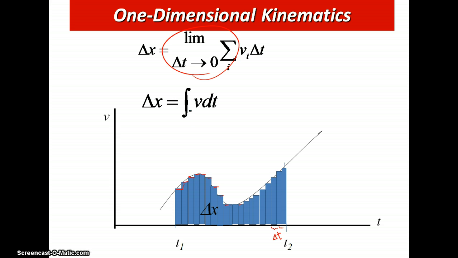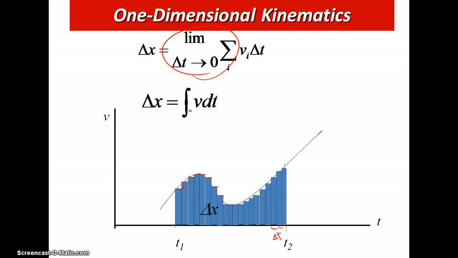That's what the integral really means. It's the limit as delta t approaches 0 of the summation of v times dt. We change delta t to dt, which is just notation. This is what we mean by this integral representation. It's nothing more than the sum of these rectangles as delta t approaches 0.